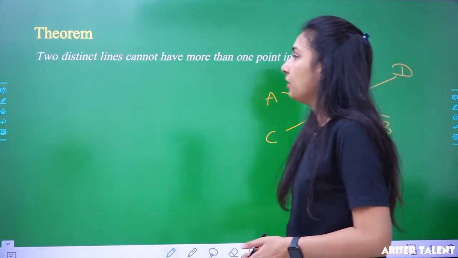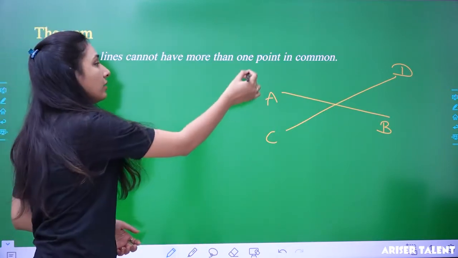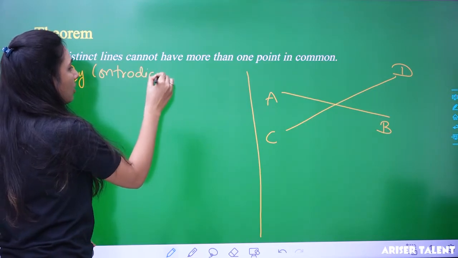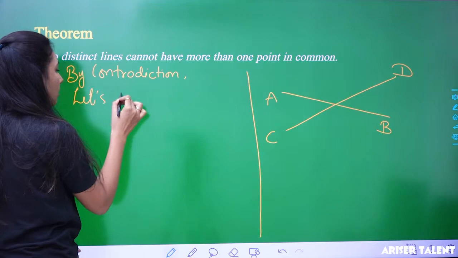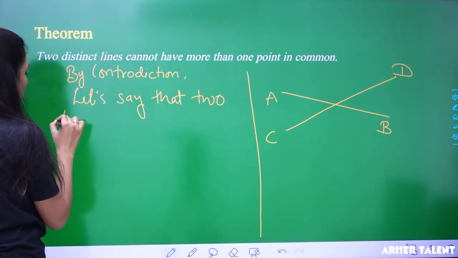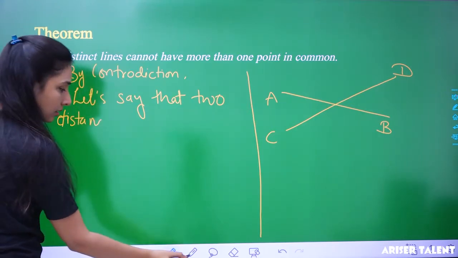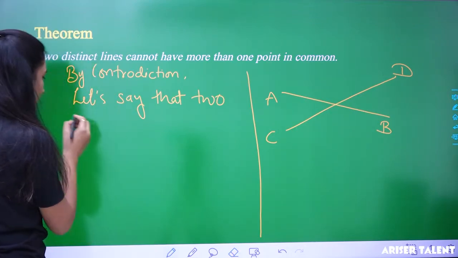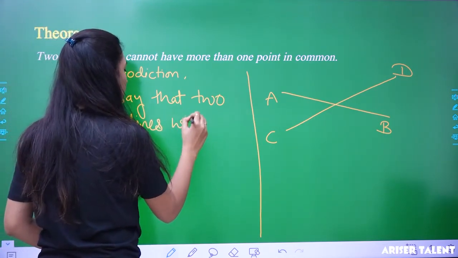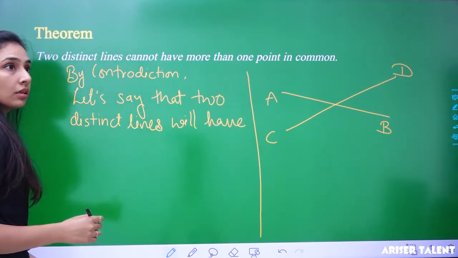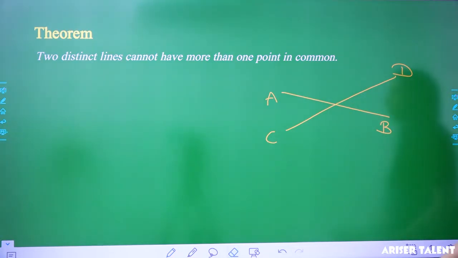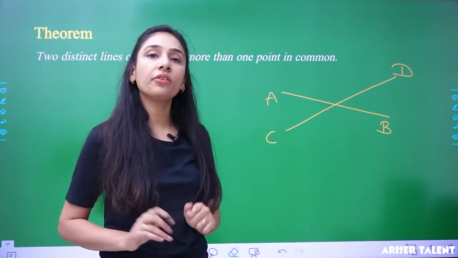Now how is it possible that only one common point is here? In this case we are going to use the method of contradiction.